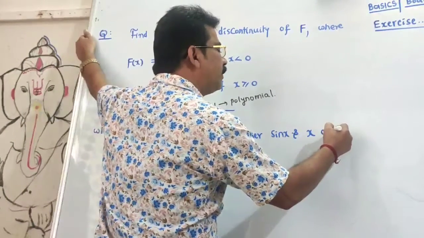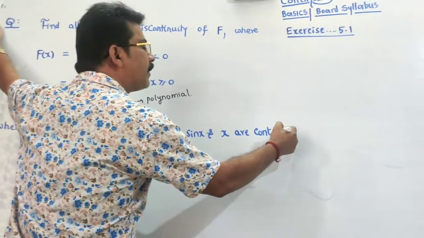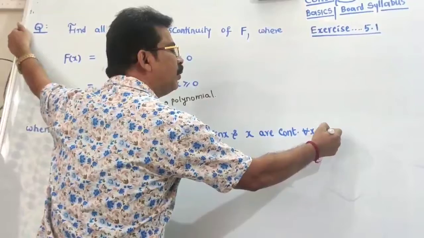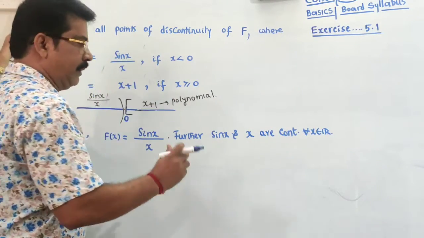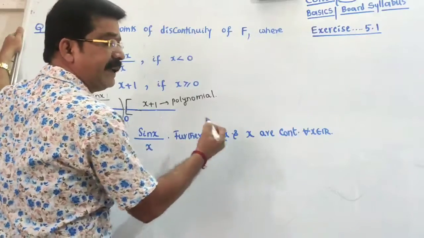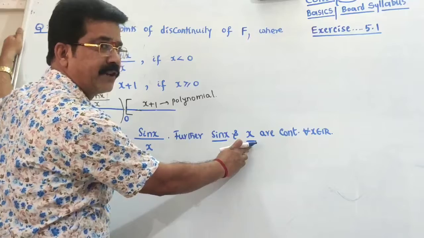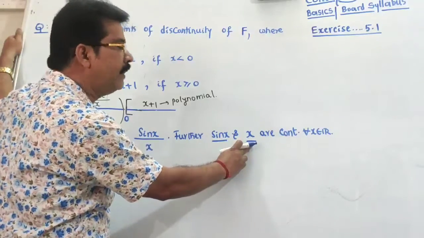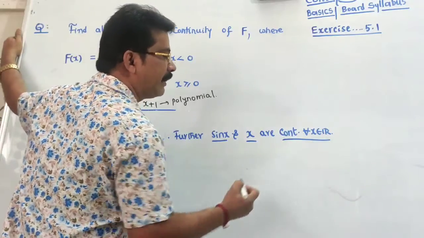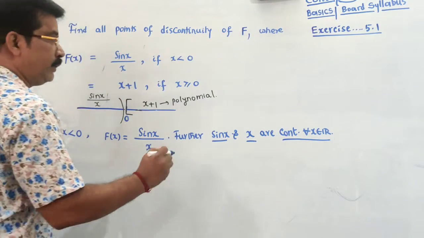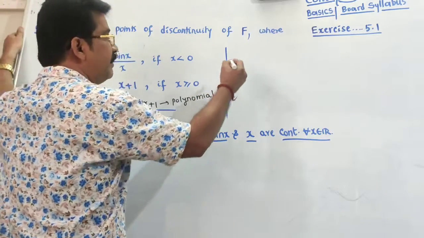Further, both are continuous for all x belongs to capital R. Means at every real number sin x is a continuous function, and x, of course, is the identity function or polynomial of degree 1. Both are continuous for all x belongs to capital R. So therefore already we know one basic formula.